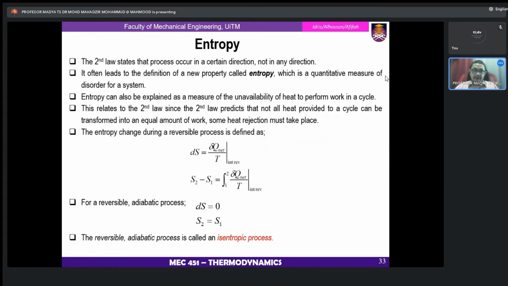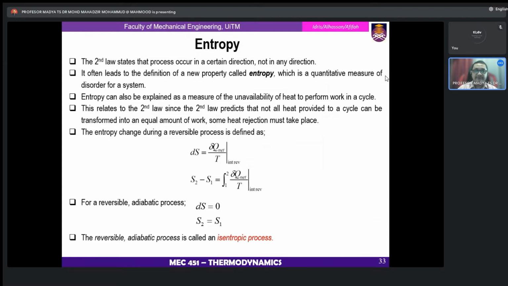Entropy. Okay, entropy, as we learned before in part 1 and part 2, the second law states that process occur in certain directions, not in any directions.